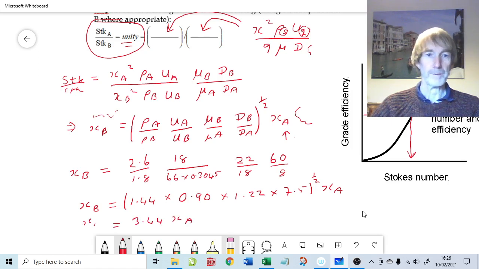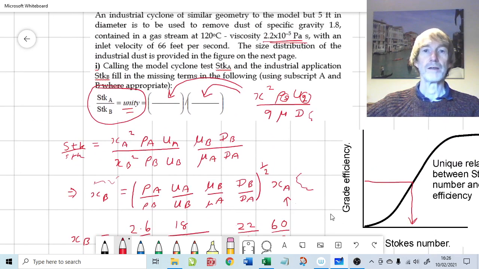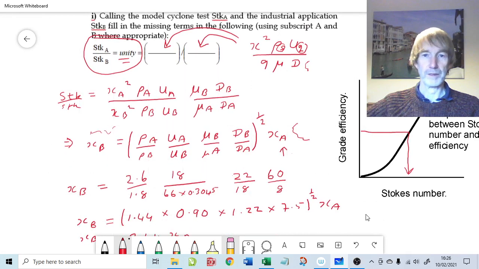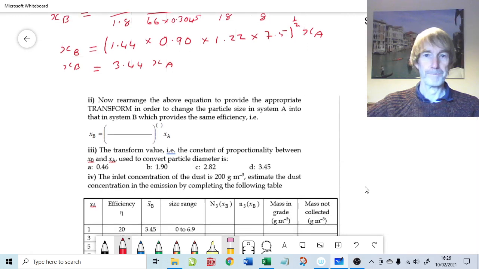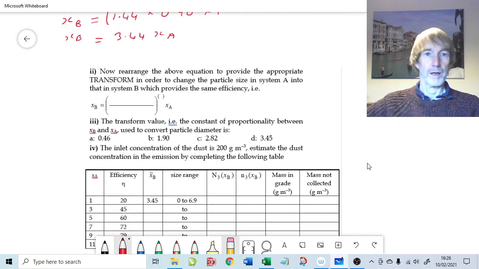So XB, in situation B, the industrial cyclone, we need 3.5 times more or less bigger dust to give us the same collection efficiency that we were looking at in the model cyclone. So the working out I've just done is basically what goes in here, but clearly there's not enough space. When we come to the transform value, that constant of proportionality, there was a little bit of rounding because in fact the value should be 3.45.